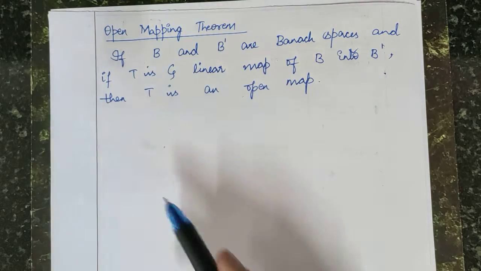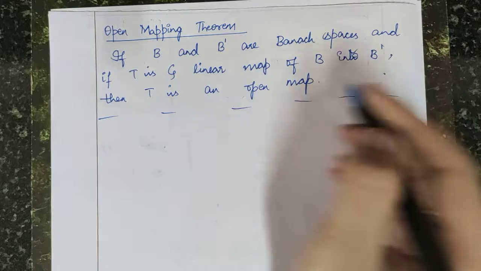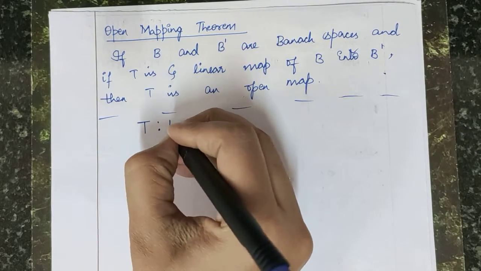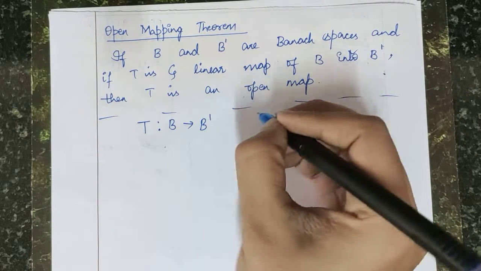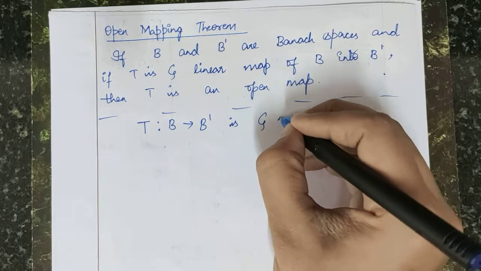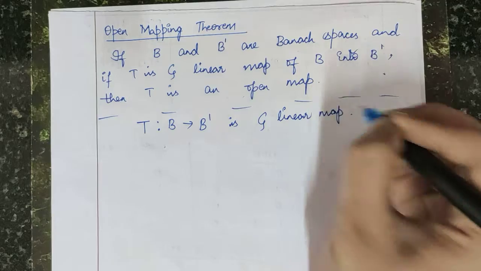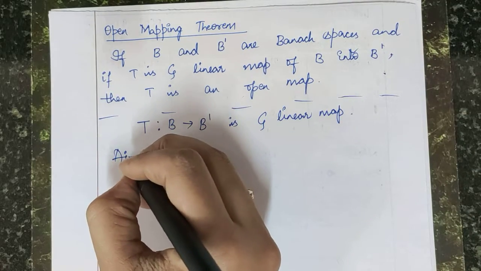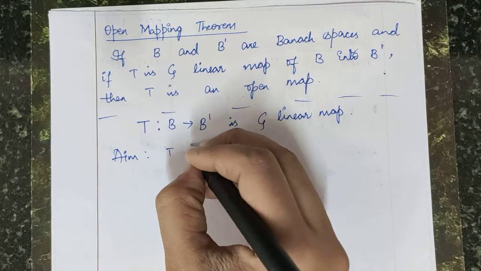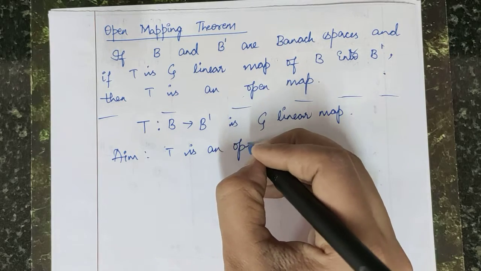So we have T from B to B prime. This is a continuous linear map. Our aim is to prove that T is an open map.